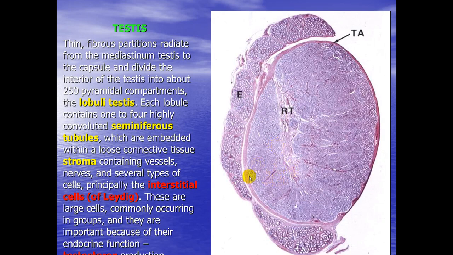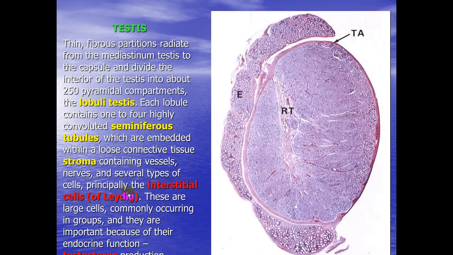That's why in each compartment we can see the highly coiled seminiferous tubules, and between them loose connective tissue, which we call stroma. The stroma usually contains blood and lymph vessels, nerve fibers, and also here we can find clusters or islets of endocrine cells, the interstitial cells or cells of Leydig.